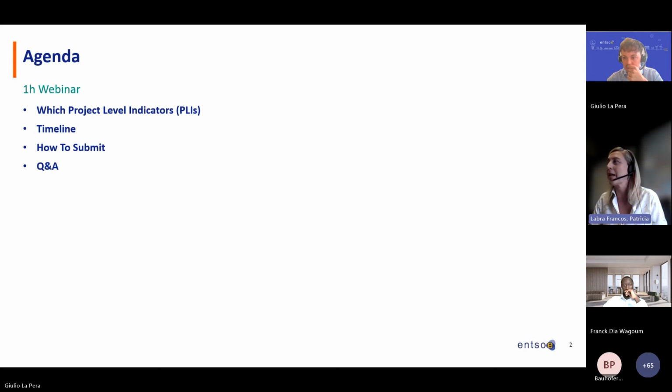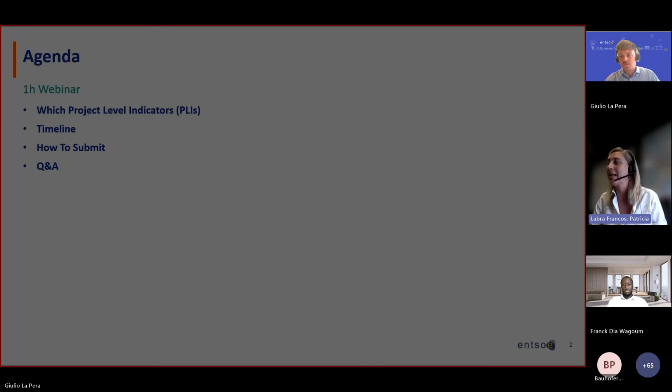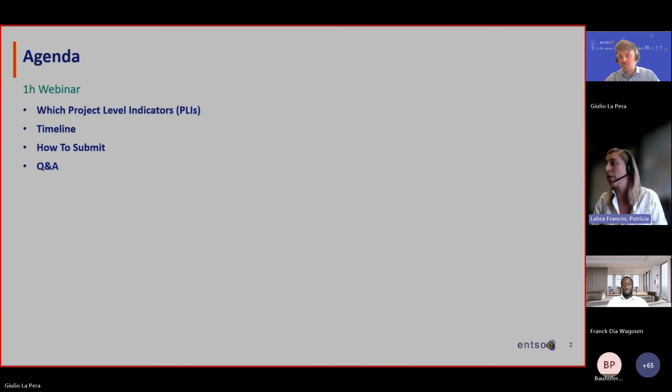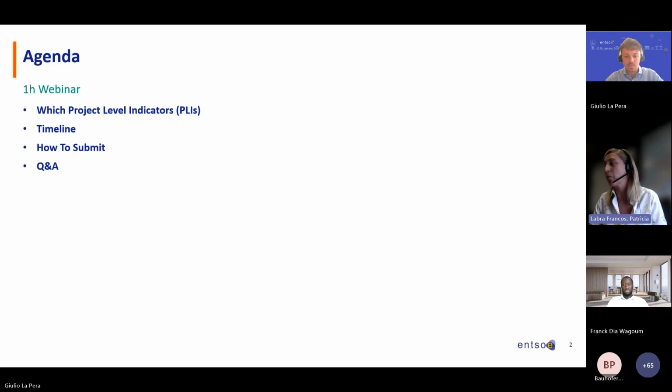There are several indicators included in the CBA guidelines. The CBA 4.0 has been approved by the Commission, and this is a relevant milestone because it's the first time that we use an approved CBA at the start of a TYNDP process and CBA assessment.